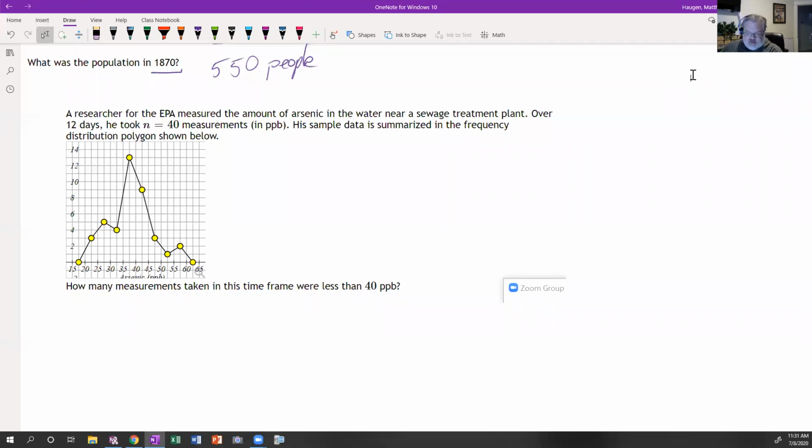Some people like them better, some people like them less. But for us, we'll be dealing with mostly histograms and so forth. We won't see a lot of these line graphs or polygon graphs or whatever they want to call them. But it is a common way to display data, so it is good for them to mention them. So try to answer that question. How many measurements taken?